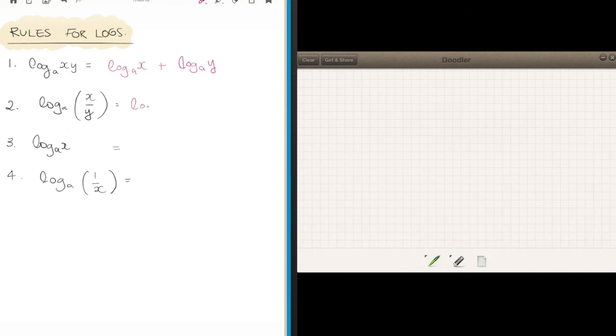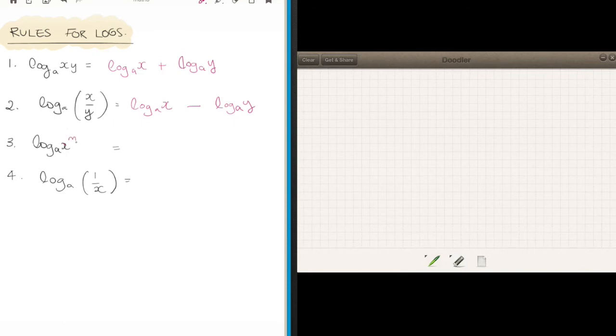This will just be log of base a x minus log of base a y. So we're just separating the log a x, log a y. We're just doing that same thing here. And notice how this is similar to the exponential rules, that the multiplication becomes addition and the division becomes subtraction.